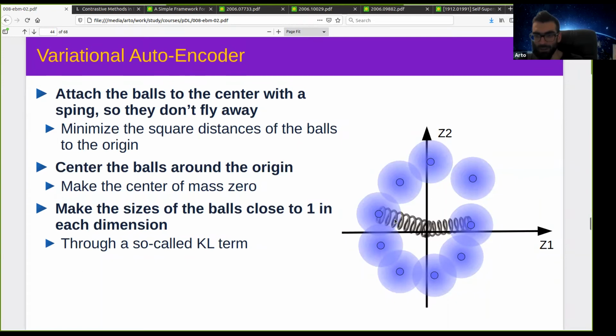We will have not only regularization over means, but also regularization over variances.